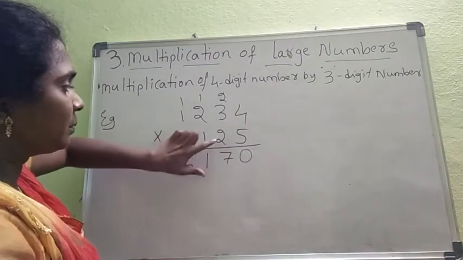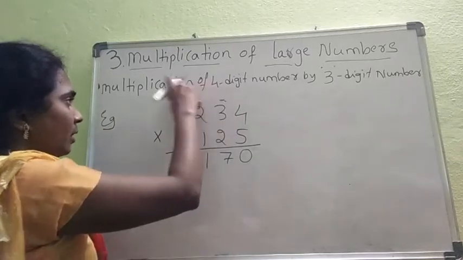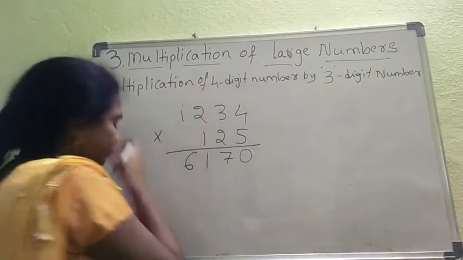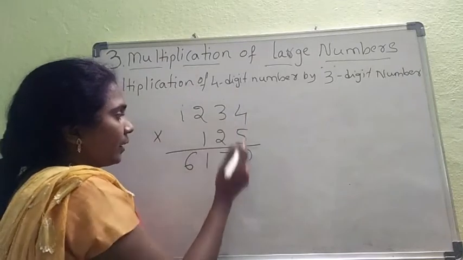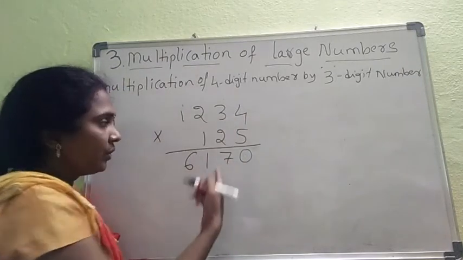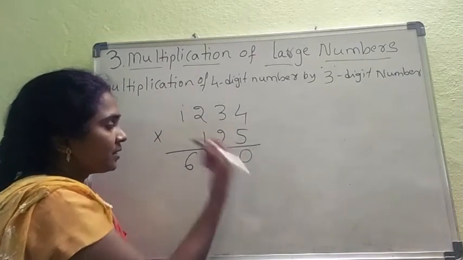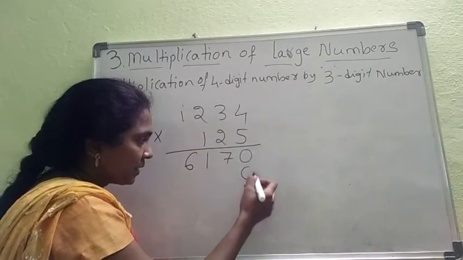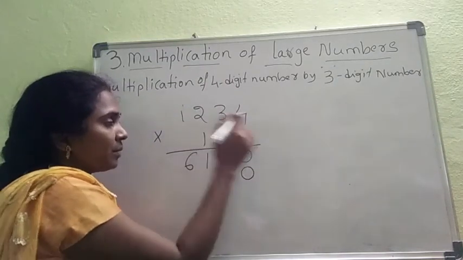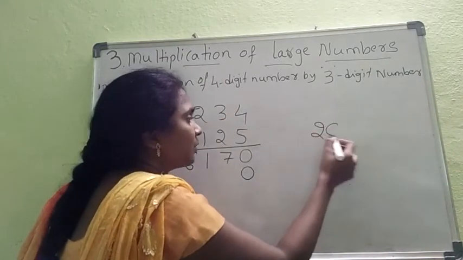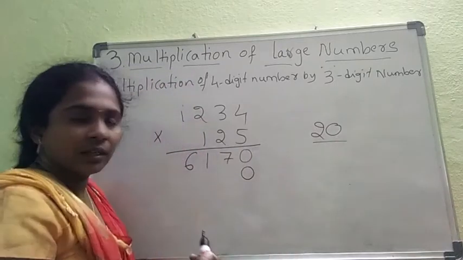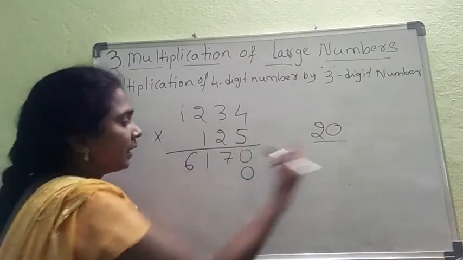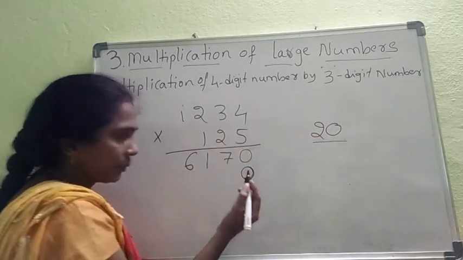Now next you multiply with the tens place digit, right? What is the tens place digit? 2. Right? Again what I told just before, if you multiply by the tens place digit, you should keep 0 in the ones place. That means you are multiplying by 2 but actually you are multiplying with 20 because 2 is in the tens place. That's why I kept here 0. Right?